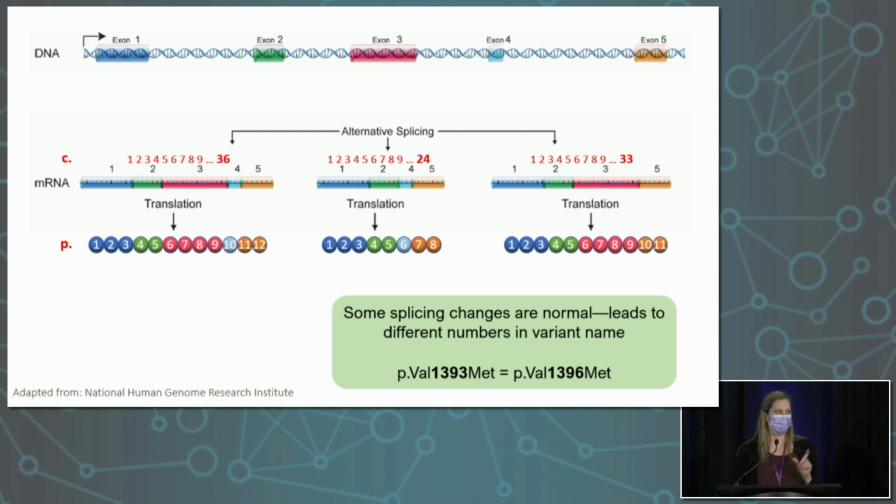That's just because the reference that the lab was using to number where the change was a little bit different. So this is different than splice site changes. This is not anything to do with a harmful change or not, but it just can be a difference in how we reference things, but sort of related to that idea of the splicing.